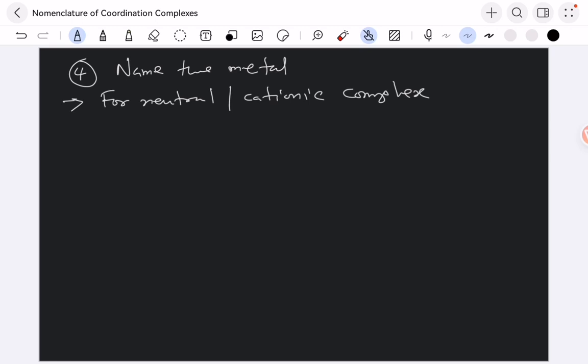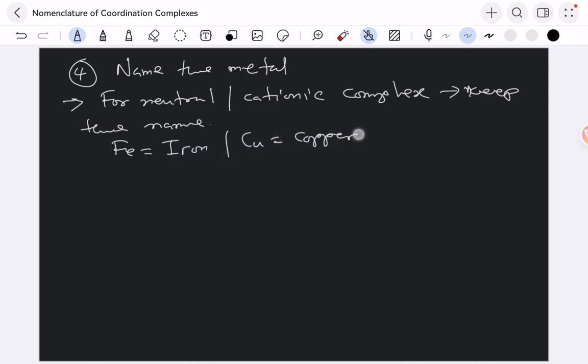If a metal is neutral or cationic, it keeps its name, so nothing is going to change. If Fe is iron, it's going to be called iron. If Cu is copper, it's going to be called copper. If Cr is chromium, it's going to be called chromium.